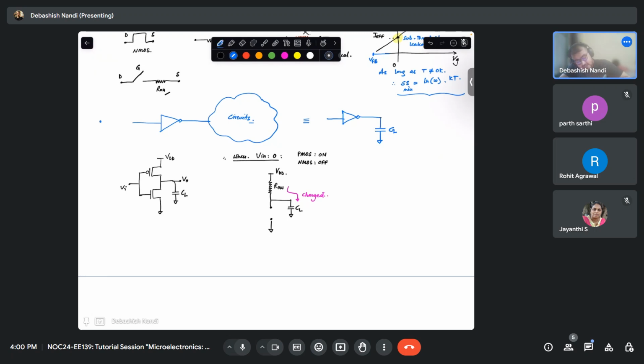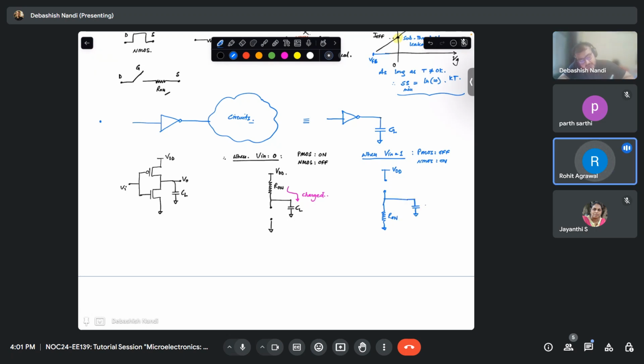Similarly, when your V in is equal to 1, what will happen? PMOS will be off, NMOS will be on. So this is your VDD, this is an open circuit, and here you will have an R on and a CL.